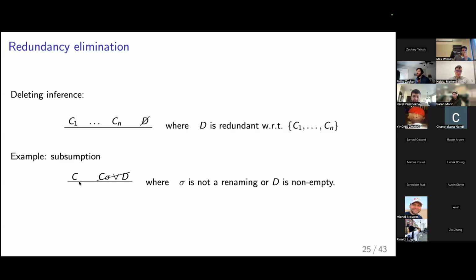When we find a clause C such that part of some other clause is an instance of C, and either there are extra literals in this other clause, or sigma, the matching substitution that gives this part of the other clause, is not a renaming, then C subsumes this other clause and we can remove it.